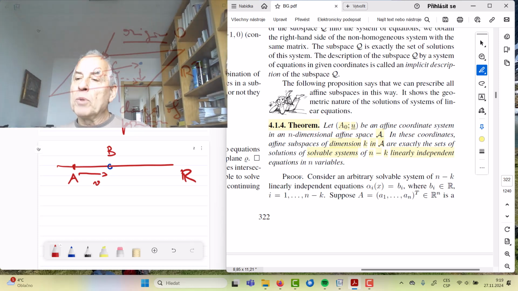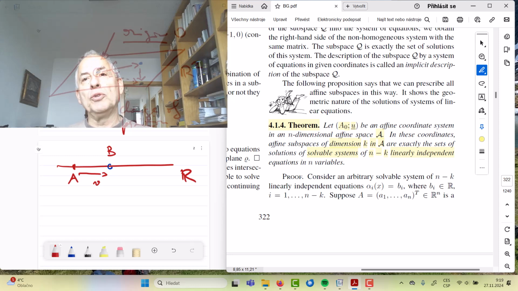So you see, the formal approach to affine geometry, defining the affine spaces in the general way, means that we have formalized the concept of the solutions of systems of linear equations, because all of them are exactly affine subspaces.